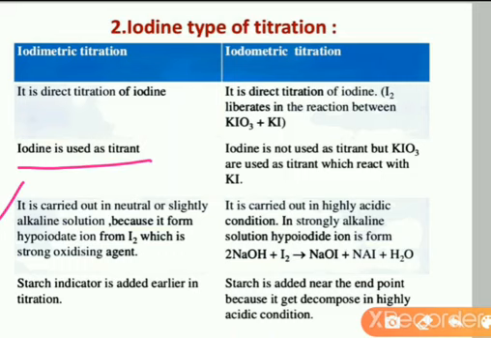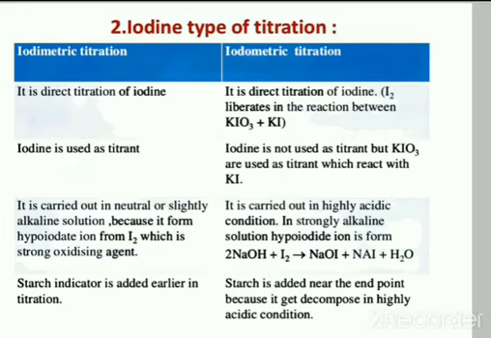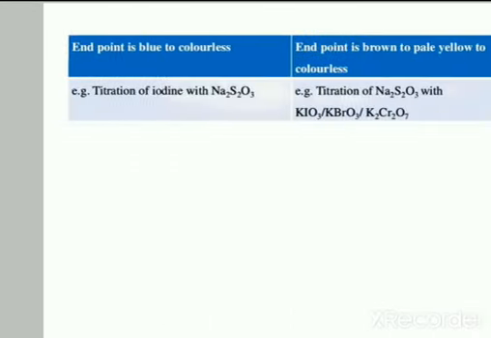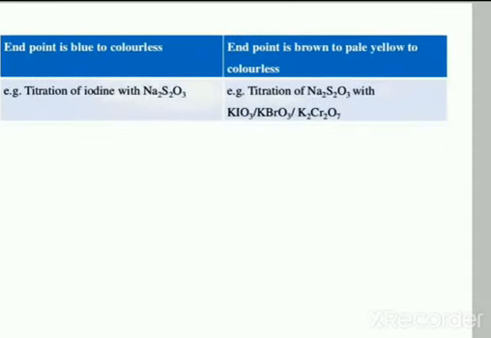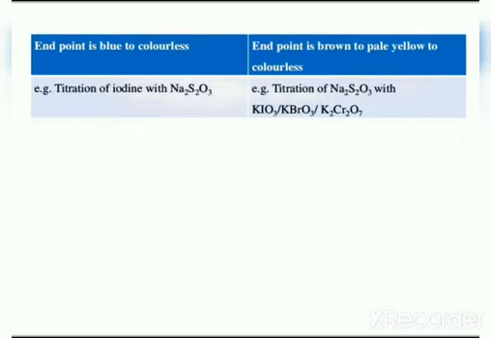In iodimetric titration, starch indicator is added early in the titration, but in iodometric titration, starch indicator is added near the endpoint because it gets decomposed in highly acidic condition. In iodimetric titration, the endpoint is colorless to blue, and in iodometric titration the endpoint is brown to pale yellow to colorless.